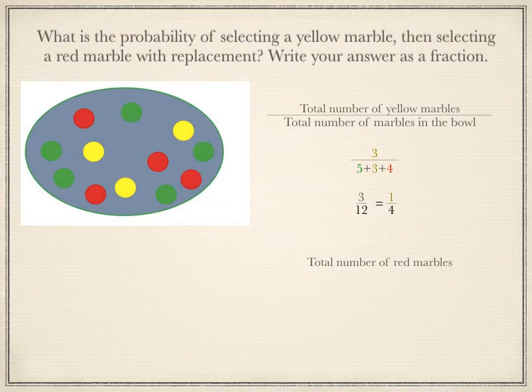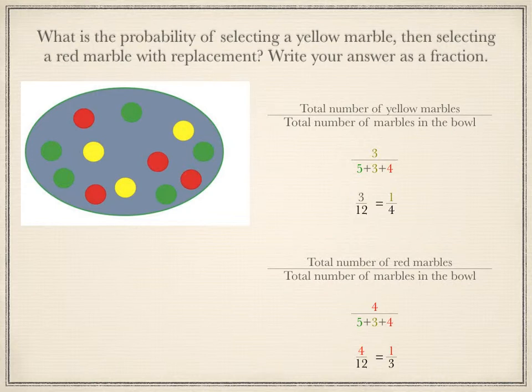Then we want to find the probability of a red marble, so the favorable outcomes would be the total number of red over the total number of marbles in the bowl. So we've got 4 red marbles, and note that because we're replacing the marble we drew the first time, say we got that yellow one, we're putting the yellow one back in the bowl. So there's still 12 marbles in our bowl. So over 12, which is equal to 1/3 when we simplify.